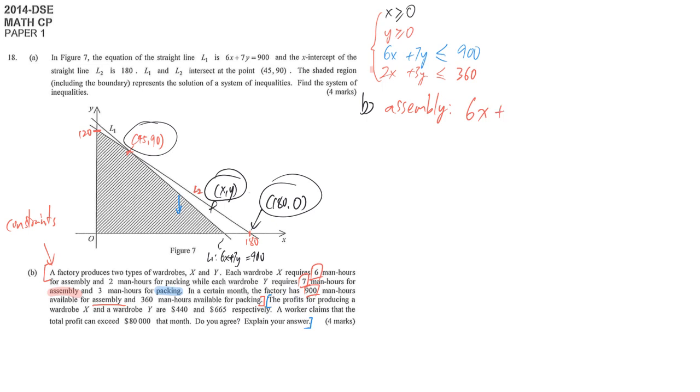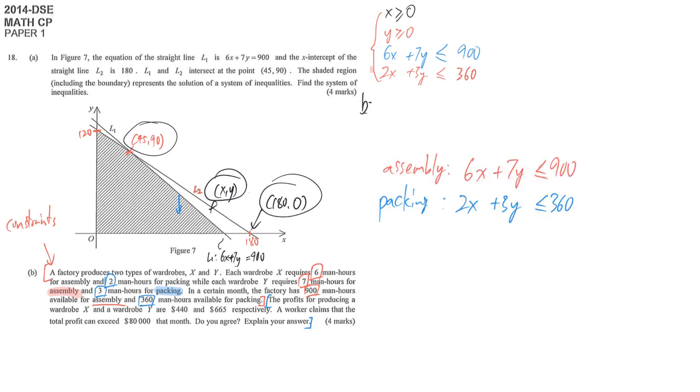Together with man-hours spent on Y, so 7Y, it can't exceed 900. This is the constraint for the assembly. And then a similar reason for packing. We assign 2 man-hours each for X, 3 man-hours each for Y, and the total man-hours of packing can't exceed 360, which means 2X plus 3Y can't exceed 360.